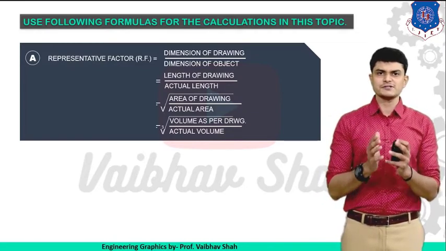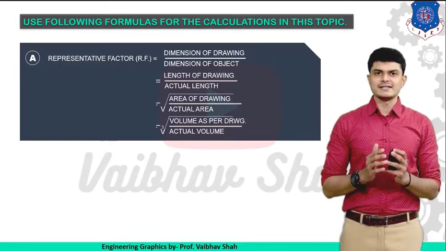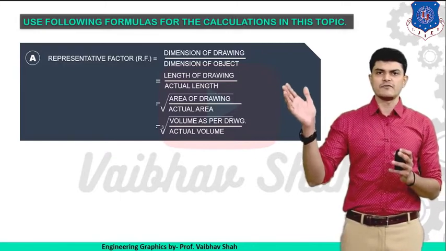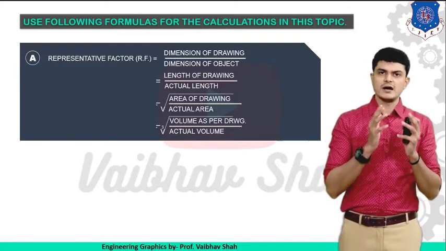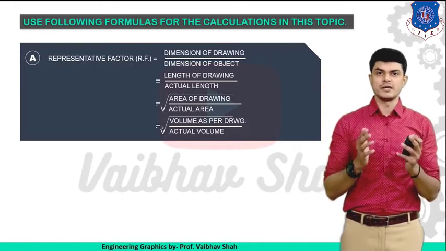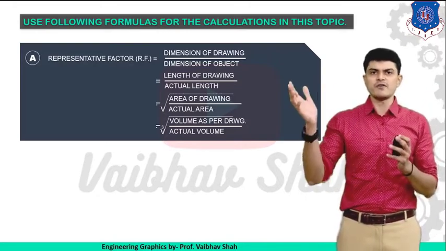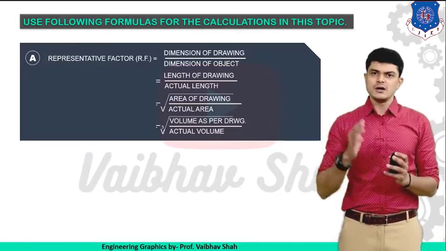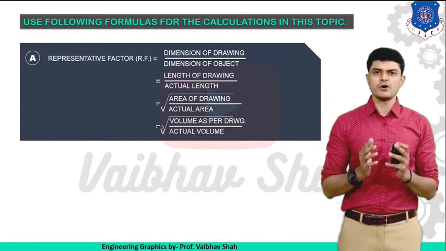If your dimensions are given in the form of area, then you can write it down as under root of area of object in drawing to the actual area of an object. After that, suppose if the dimensions are given in the form of volume, then we can write cube root of volume of object in drawing to the actual volume of an object. So these are the equations for Rf.